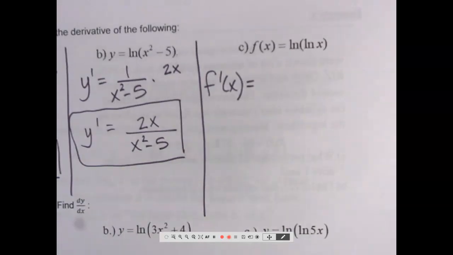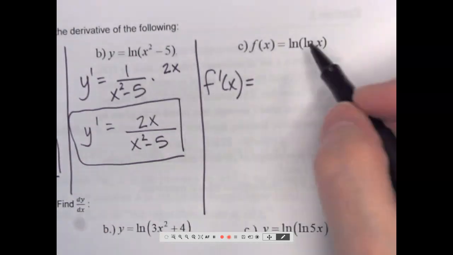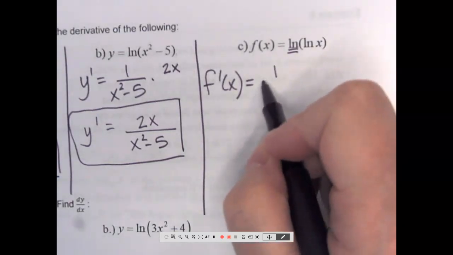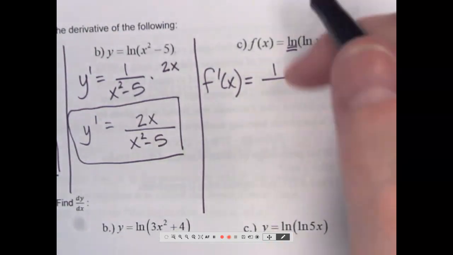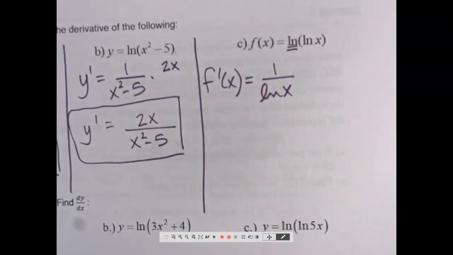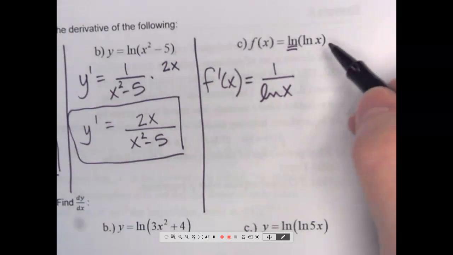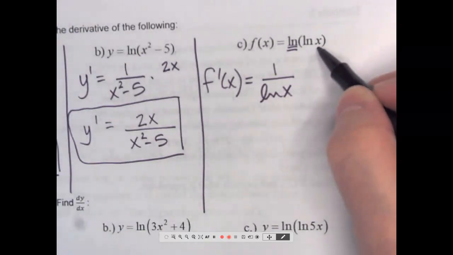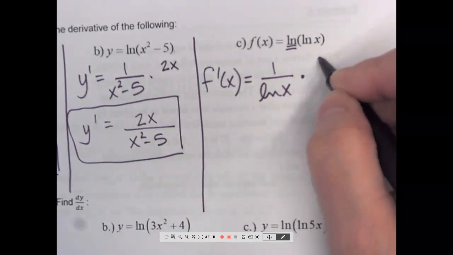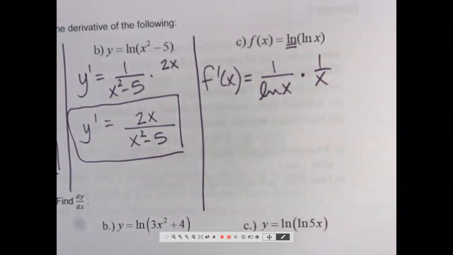Okay, f prime of x. Anytime I see a natural log, the derivative is 1 over this thing. So I have 1 over natural log of x. But chain rule tells me, don't forget to take the derivative of this. Well, what's the derivative of natural log x? 1 over x.